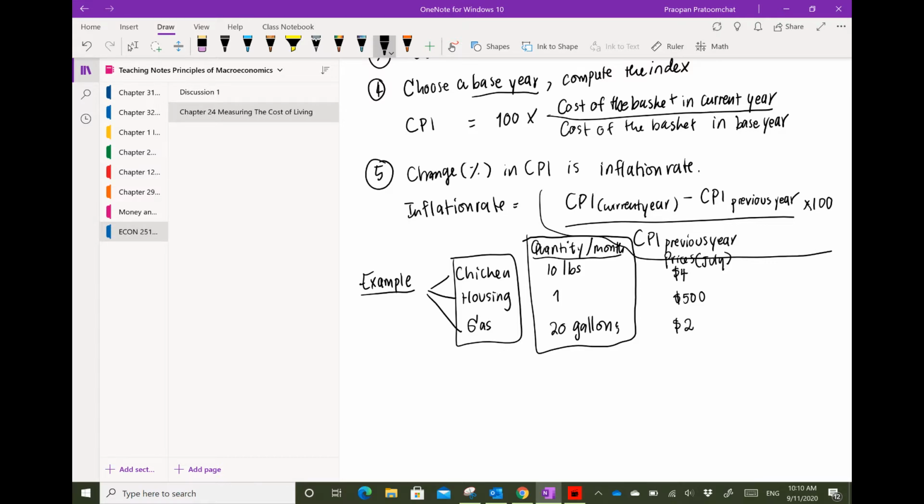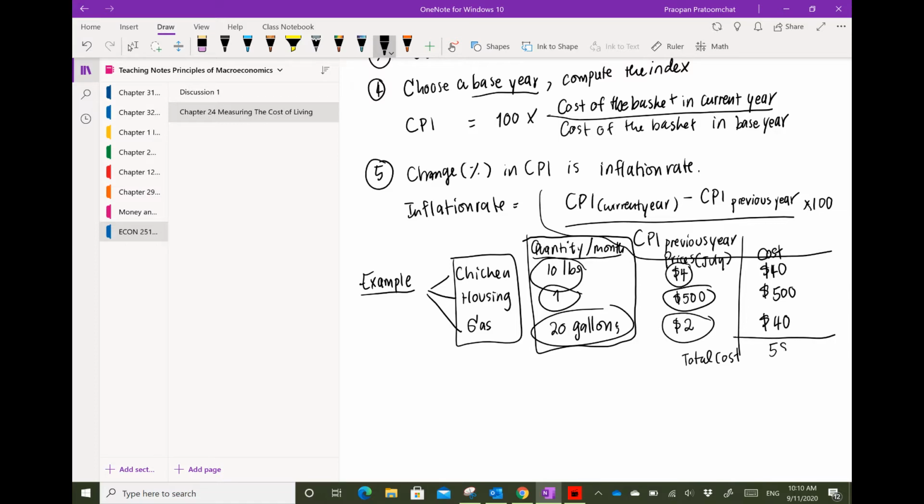Gas is, let's say, $2, right? The cost is 4 times 10, that is $40 for chicken. 500 times 1, that is $500 for housing. 2 times 20, that is $40 for gas. Total cost here is $580 per month. This is the basket cost, right?